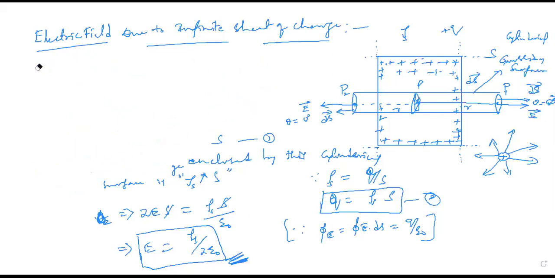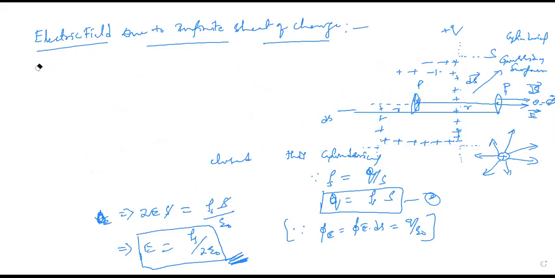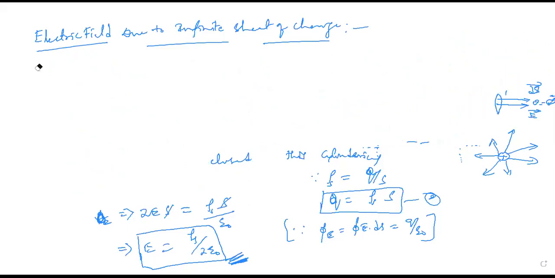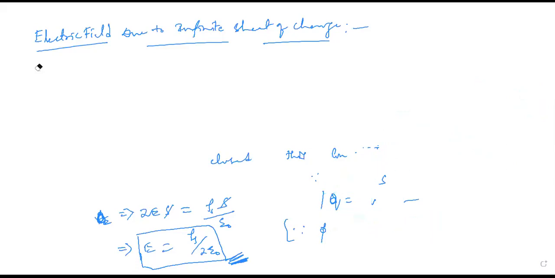These are the only 3 applications. You can expect them in the exam also. Out of these 3, you can expect 1 or 2 compulsory. But I used to say 2, because either this or that they will ask, with respect to the choice. Correct? Right. So this is about electric field intensity due to an infinite sheet, completed.